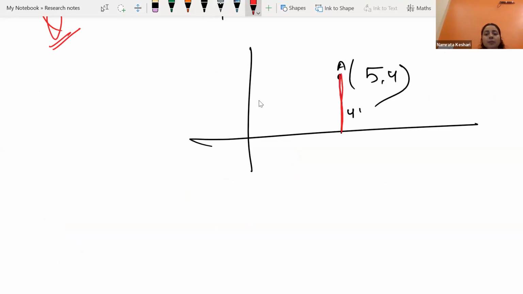When you drop a perpendicular on the x-axis, you will see a vertical line that will be equal to this much. This much is 4, the y coordinate is 4. That's why again I am saying that AP will be 4 units. Getting it? Yes, ma'am.